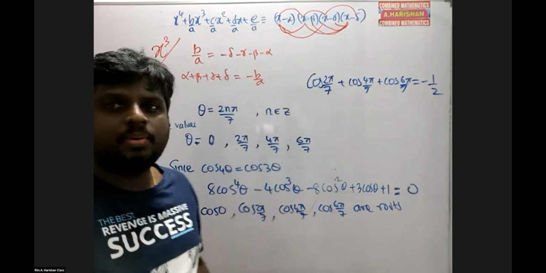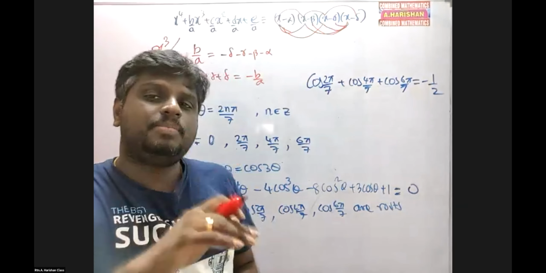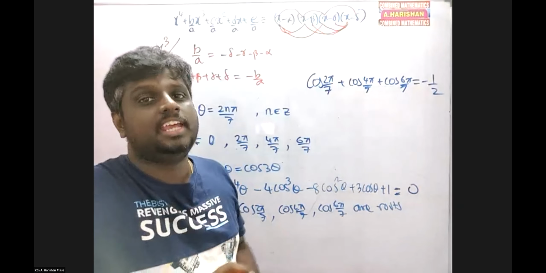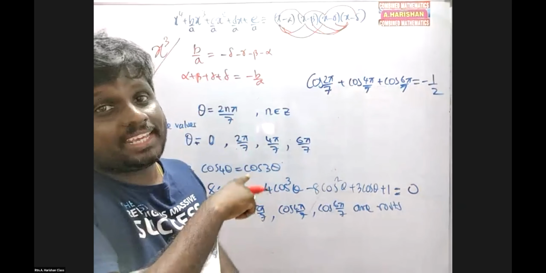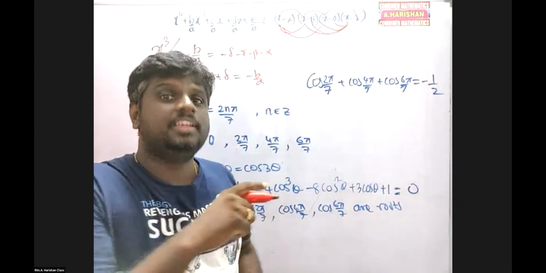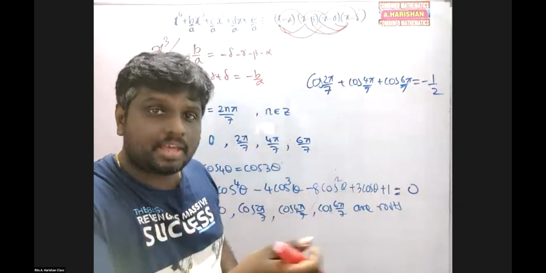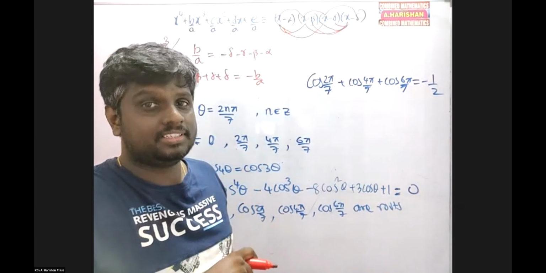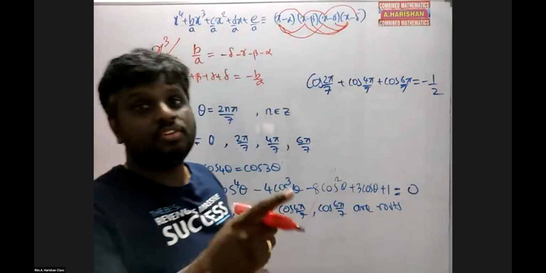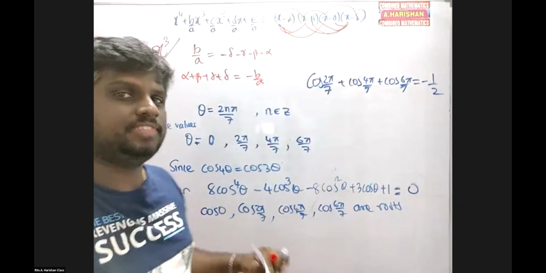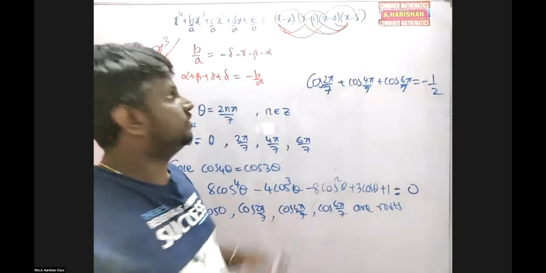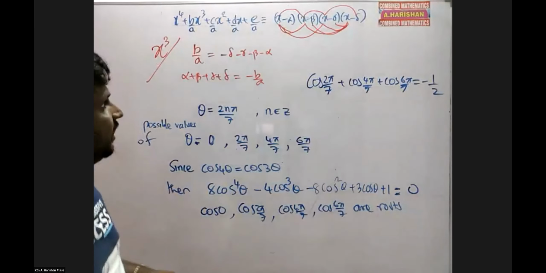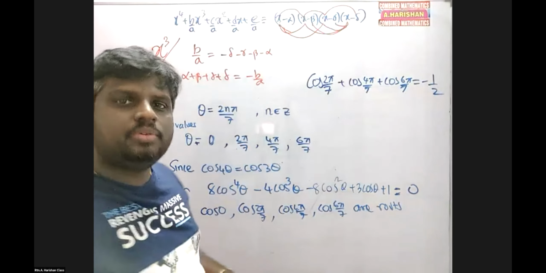Same as quadratic equations: alpha plus beta is minus b over a. For that quartic equation, we call this a quartic equation, again alpha plus beta plus gamma is minus b over a. But for cubic equation it is the other way around, so you don't put minus for cubic equation. So you can observe that one. So hopefully this is correct, right? So straight away you can also use this one.